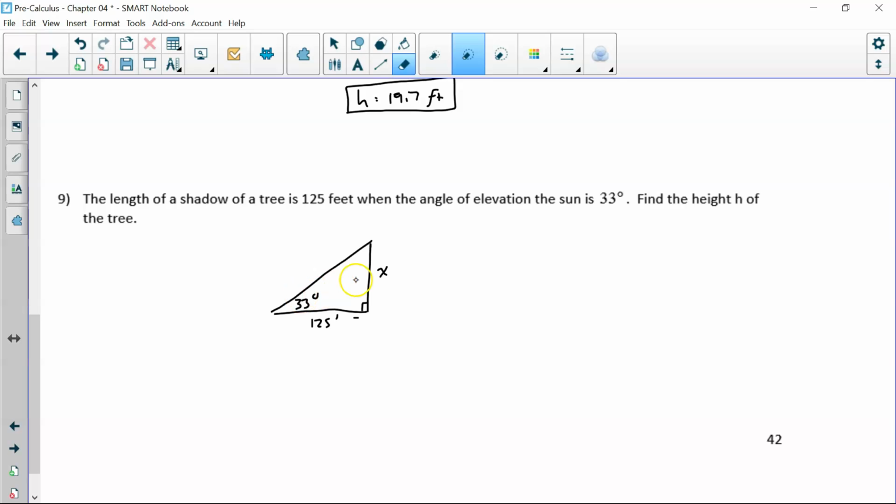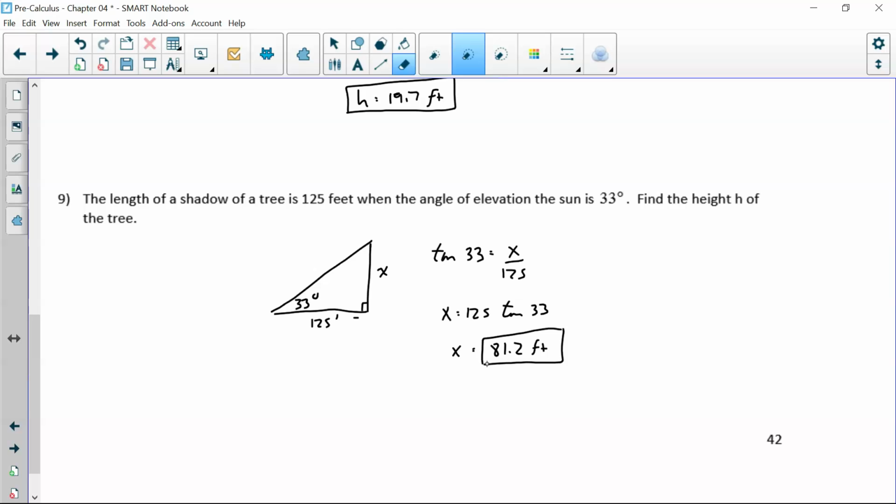Once again, we don't have the hypotenuse. We can use tangent, opposite over adjacent. So let's use that 33-degree angle. x over 125. So x equals 125 tangent 33. So x equals about 81.2 feet. That's the height of the tree.